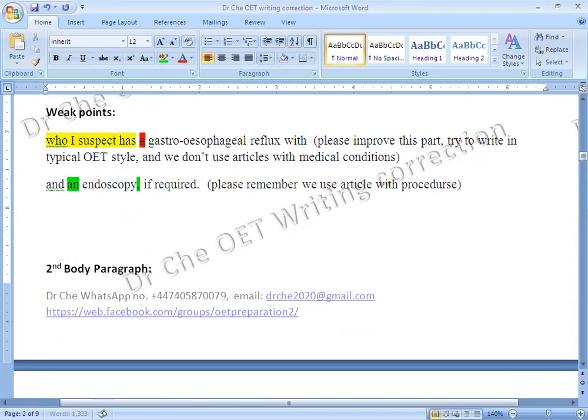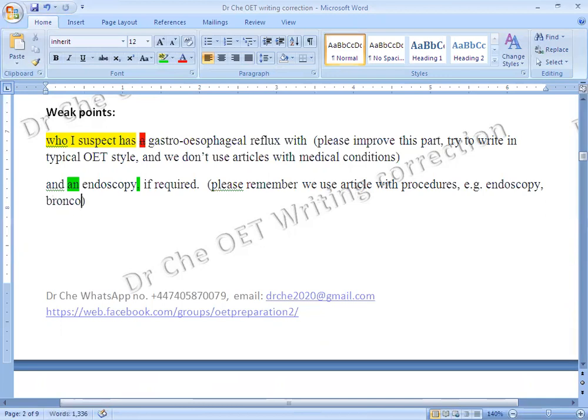Can you give me some other example of a procedure where we use article? Like an endoscopy, any other? A CT scan, yes.